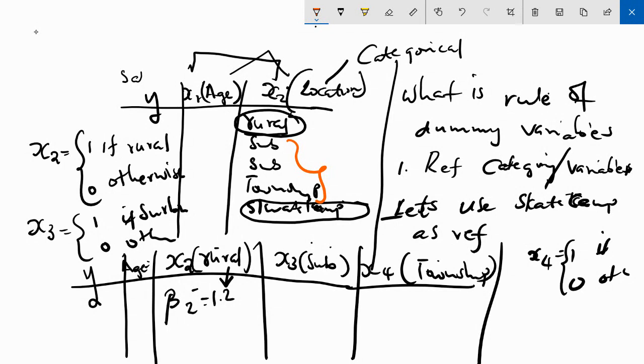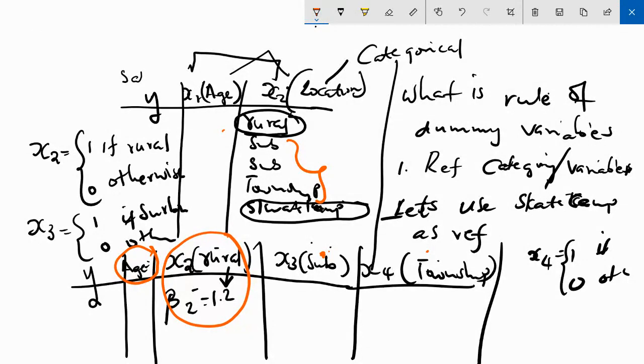So whenever you want to interpret rural, you cannot hold constant these other ones. The only variable that you can hold constant is age, because it's not from the family of location, isn't it? It is not related to location.